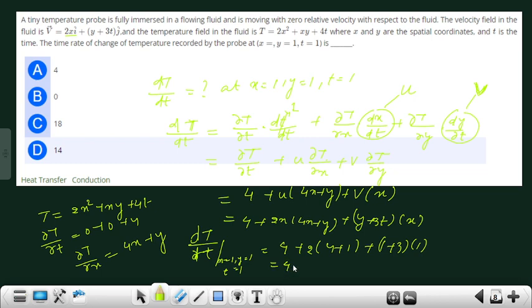So we get 5 into 2 is 10, plus 1 plus 3 is 4, into 1 is 4. This is 10 plus 4 equal to 14. So answer will be option C.